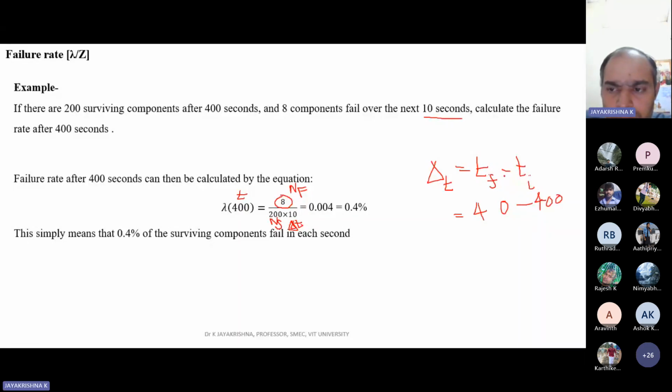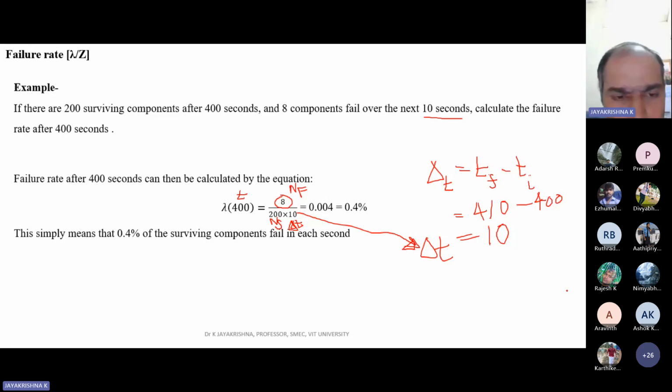T of f is what? 410, because 8 components fail over the next 10 seconds. Okay, 400 seconds after means the 410th second. 410th second minus 400 will give you 10. So that's why we put delta t as 10. Are you able to understand?